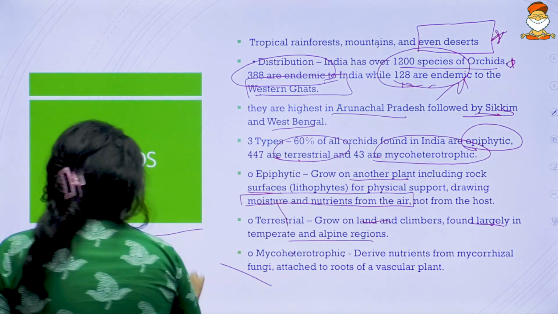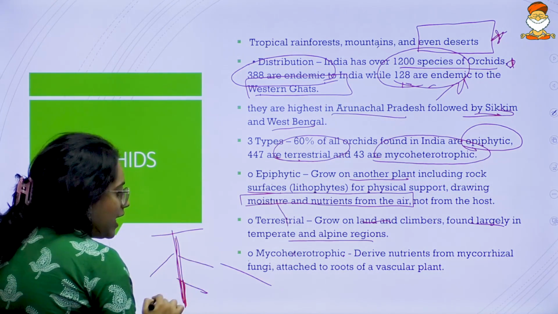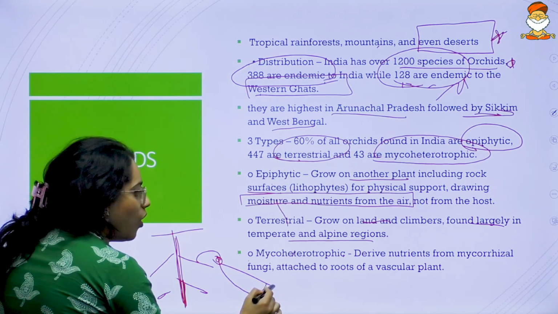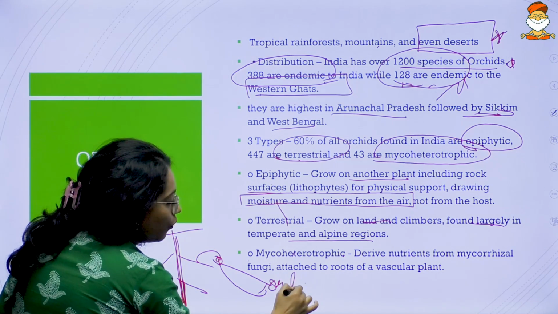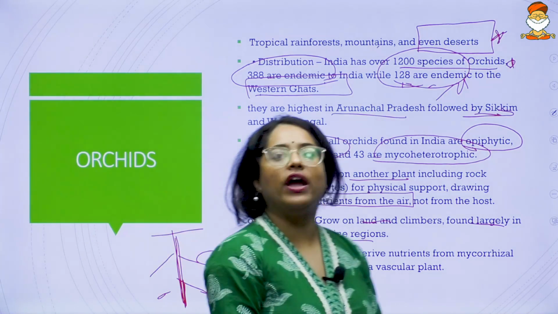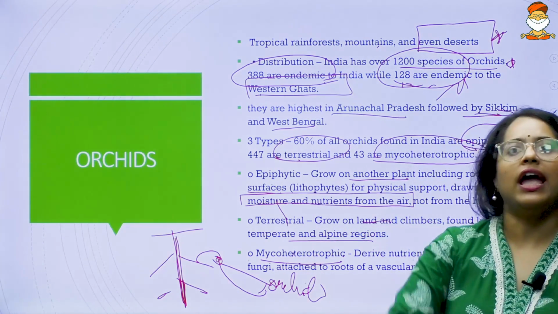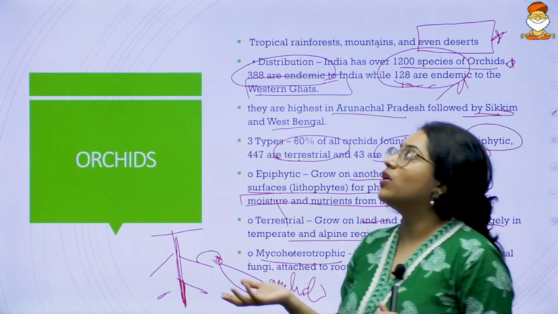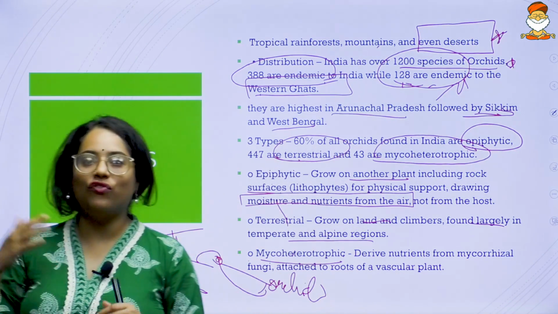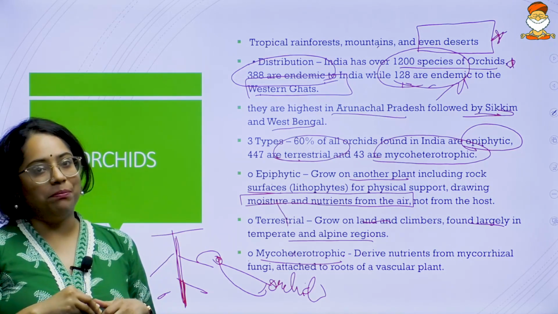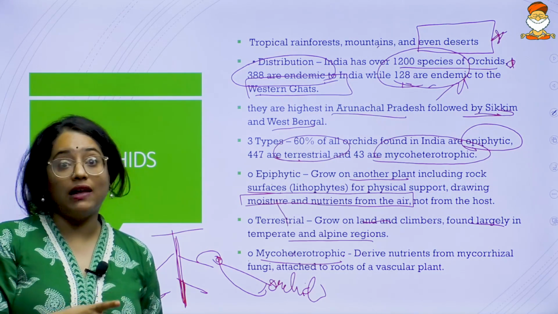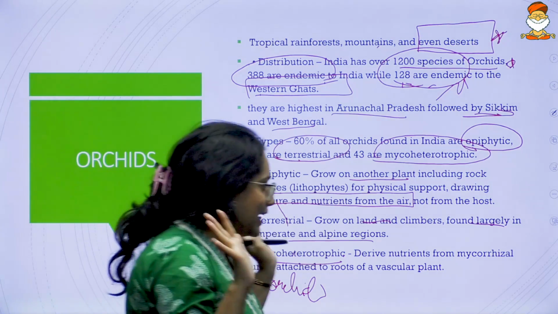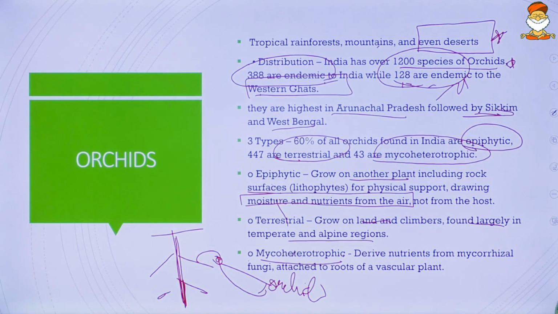So the root has mycorrhiza fungi, and from the mycorrhiza fungi, the orchid gets its food. That is called mycoheterotrophic. So these are the three categories. When we are talking about orchids, all of these smaller details will be important. You do understand these are flowering plants which can occur in all of these areas. I hope all the necessary details have been given.